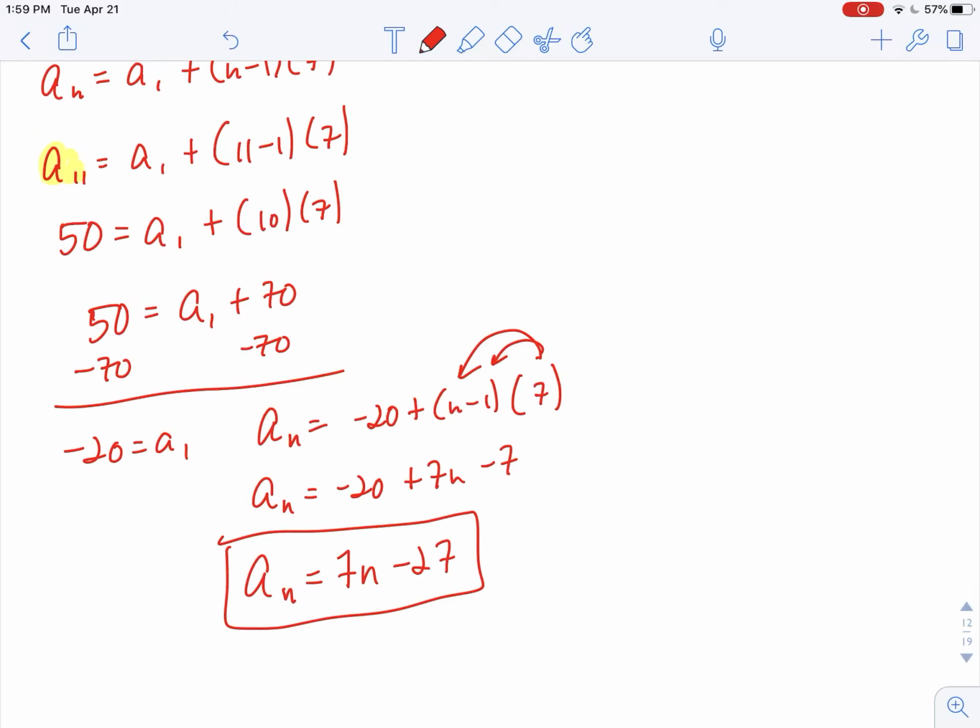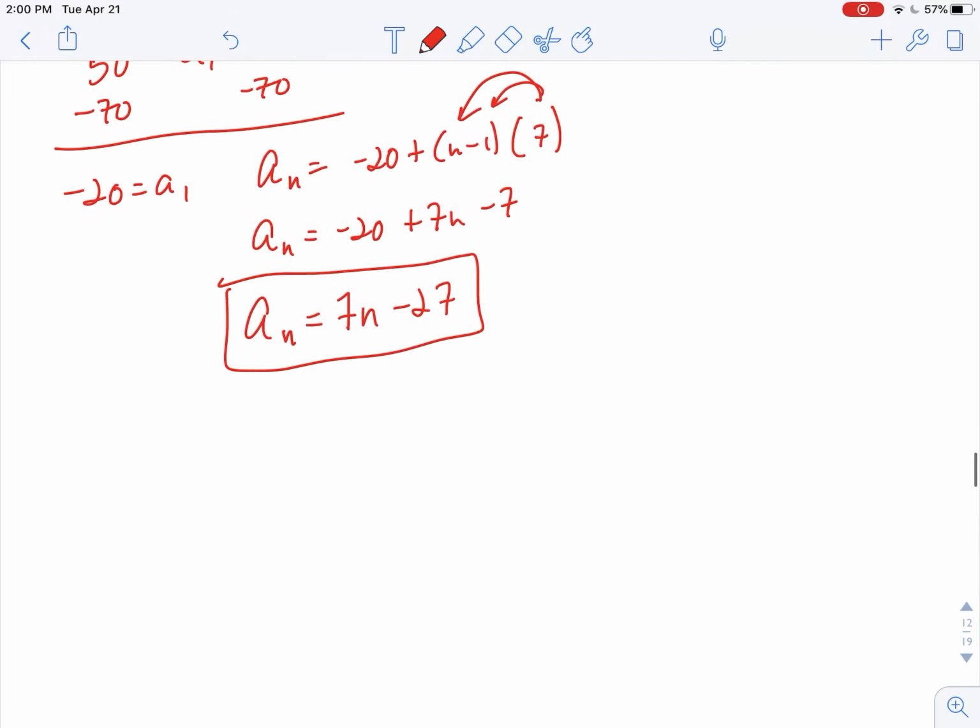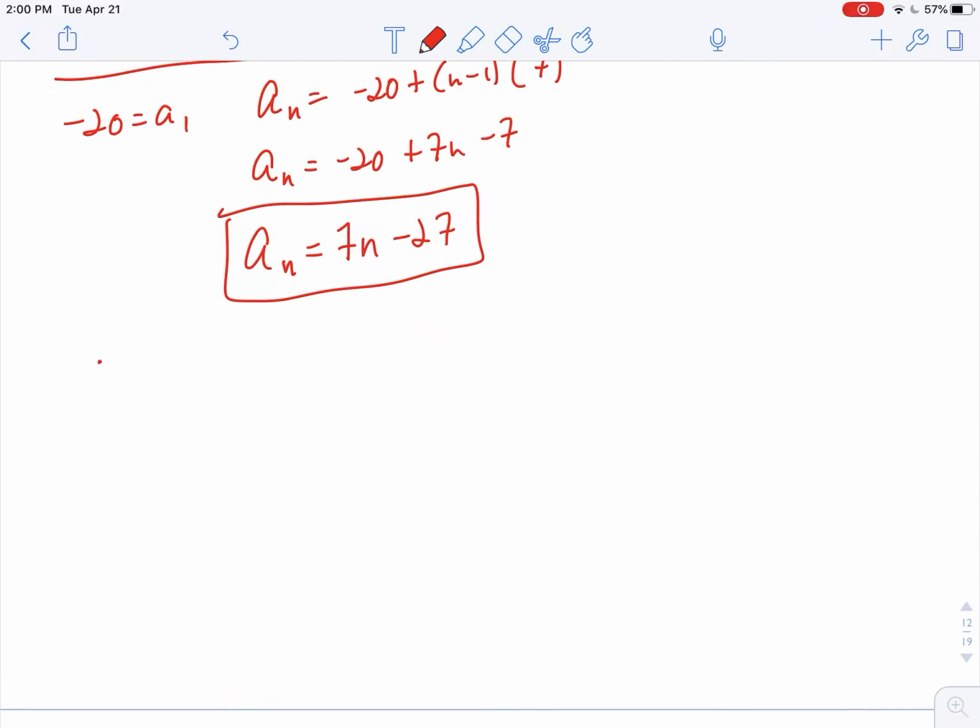What would that look like as a graph? Well, if we were going to graph this, we draw an x and a y axis. Sorry, actually I made a mistake here. We would have to graph this, and our first term, when n is 1, would be down at negative 20.